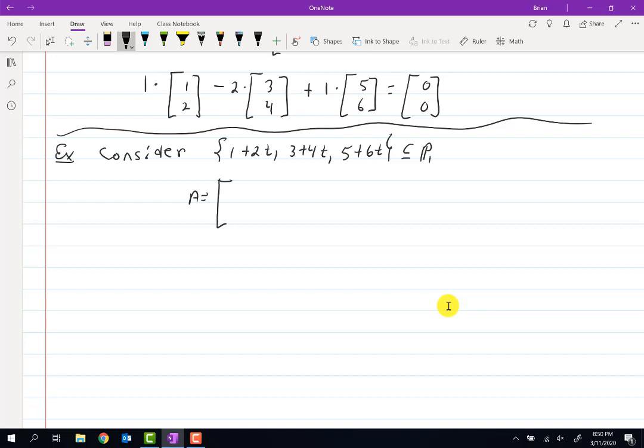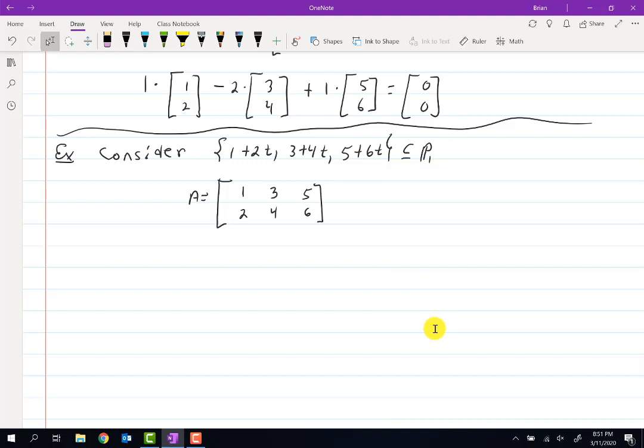But remember, you can think of this: if for example this here is a B basis, then this here becomes the vector 1, 2. Similarly, this second polynomial can be thought of as the vector 3, 4, and this last one can be thought of as the vector 5, 6. So I'm using that isomorphism stuff.